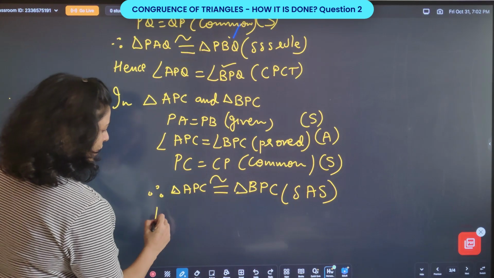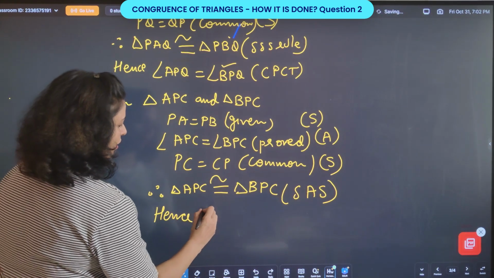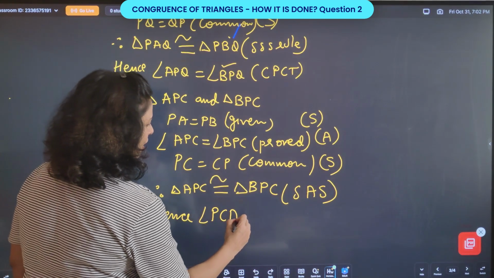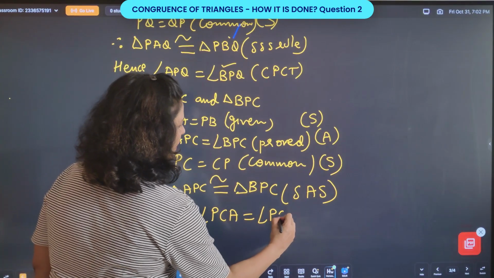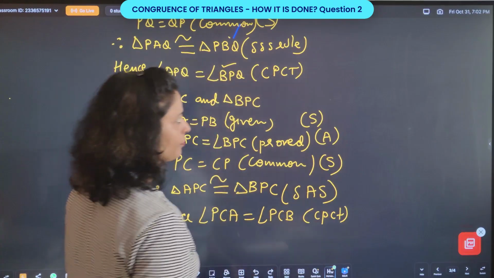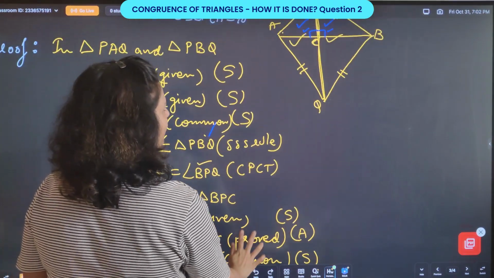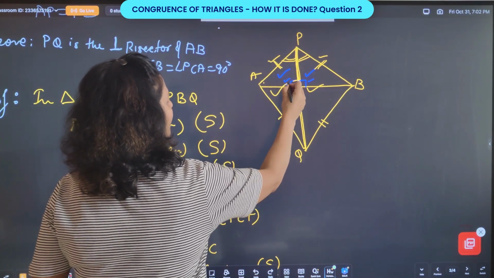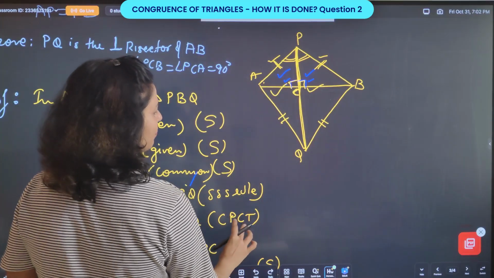So hence we can write angle PCA is equal to angle PCB by CPCT.